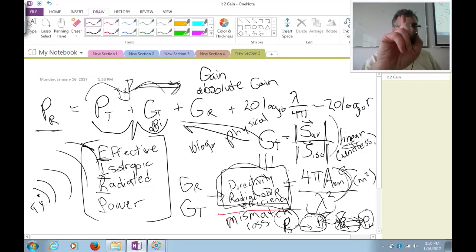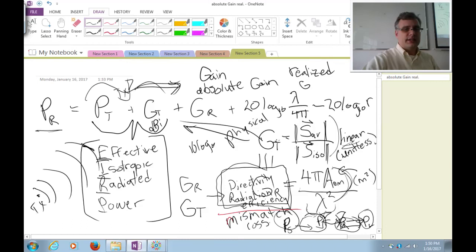You have to be careful because in some papers and some specifications, if you get a specification sheet off the internet for an antenna, sometimes what they're talking about is what the IEEE defines as realized gain.